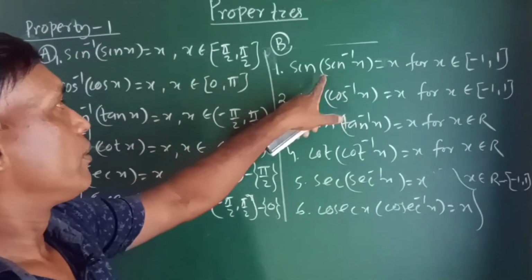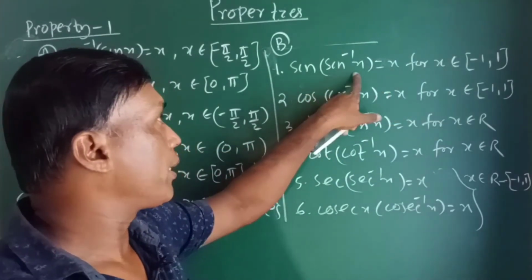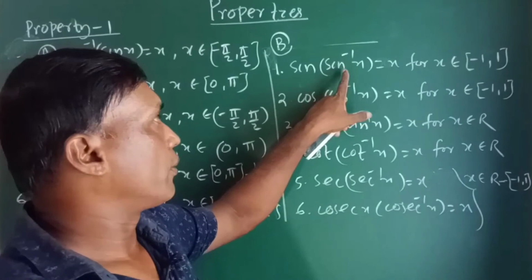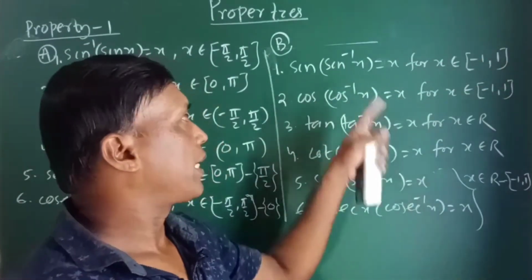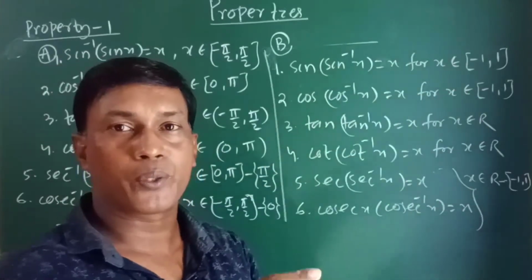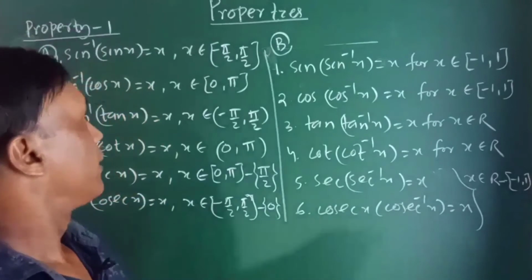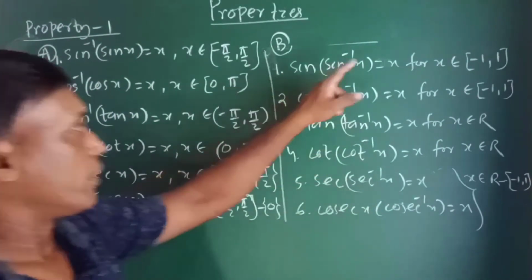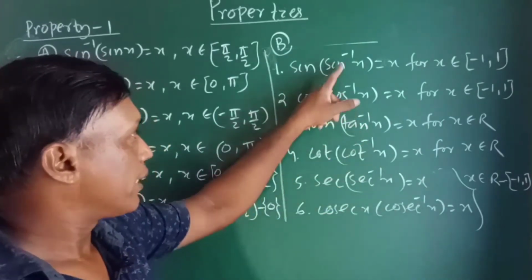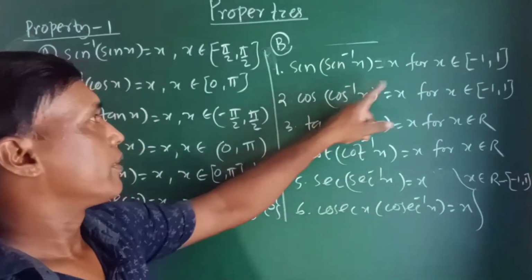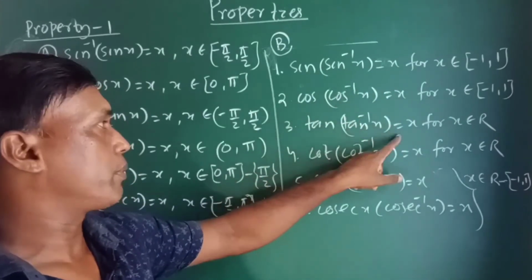And here sine of sine inverse x is x, and x must lie in the domain of sine inverse x. The domain of sine inverse x is minus 1 to 1. You know sine inverse is a function from the closed interval minus 1 to 1 to the closed interval minus pi by 2 to pi by 2. So here x lies in the domain of inverse functions: x belongs to the domain of sine inverse, cos inverse, tan inverse.